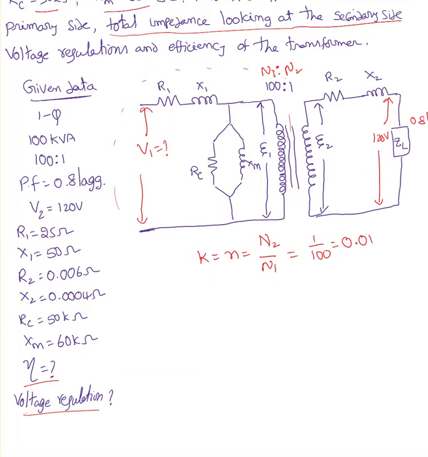Now we are going to transfer the primary impedance onto the secondary side. When you move this into the secondary side, we call it R1 prime. R1 prime equals R1 times N squared. R1 prime indicates the equivalent resistance of the primary after transferring it to the secondary.